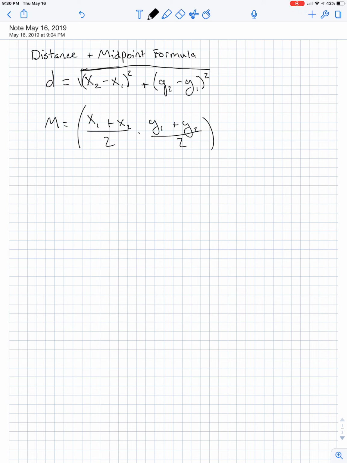And then these x's and y's are points on a graph. So for example, you have 0, 0. Your x1 would be 0, and your y1 would be 0, and then your other set would be 2, 4, and this is your x2, and then this is your y2.